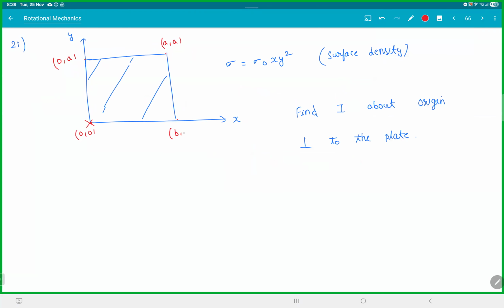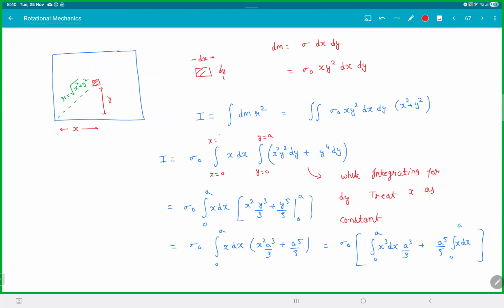Let's make this thing b comma 0 and b comma a. It won't be a big deal. This will simply go to b. This will become b 0 0 b.